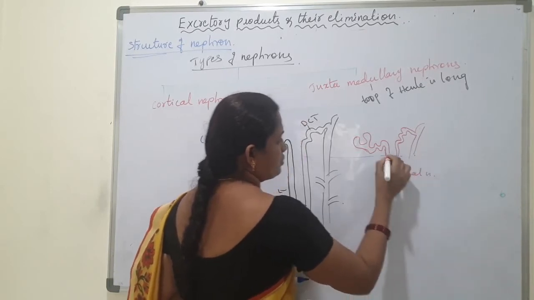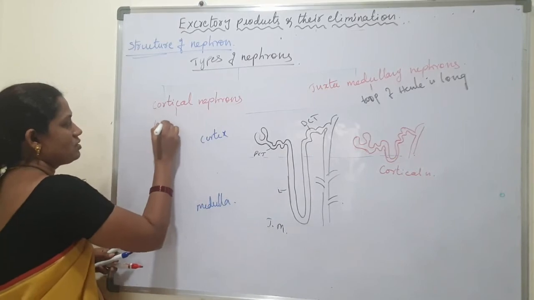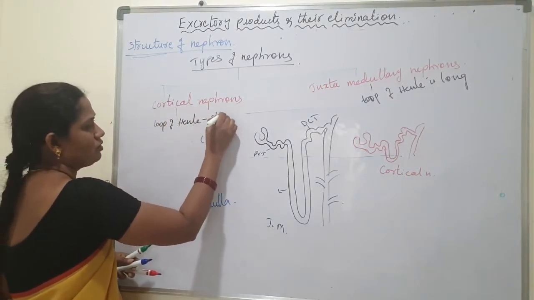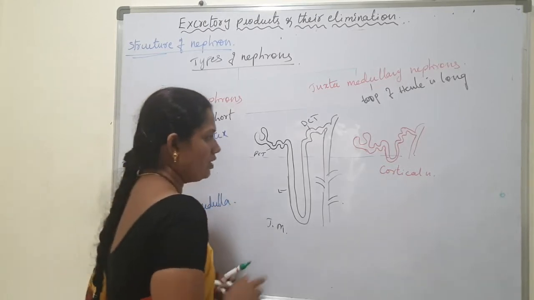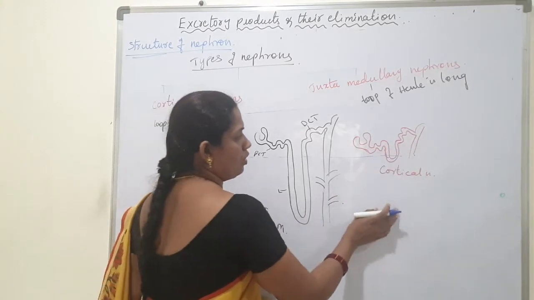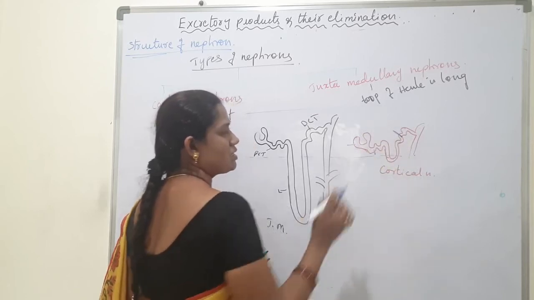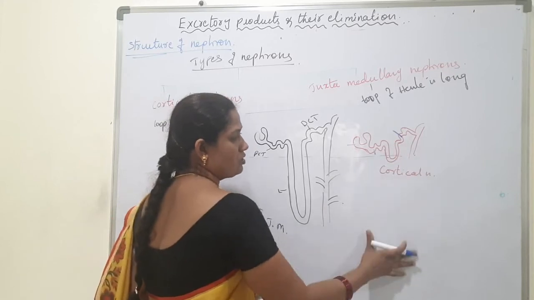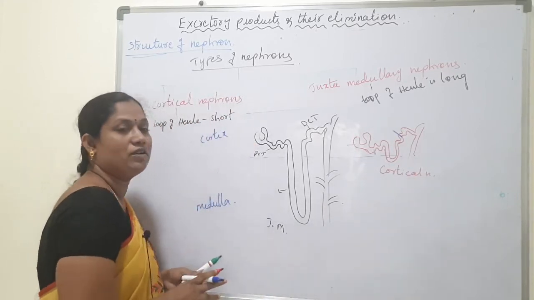The loop of Henle is very short and is not extended into the medullary region. The Bowman's capsule, PCT and DCT are present in the cortex region, and the Henle loop does not extend up to the medullary region.